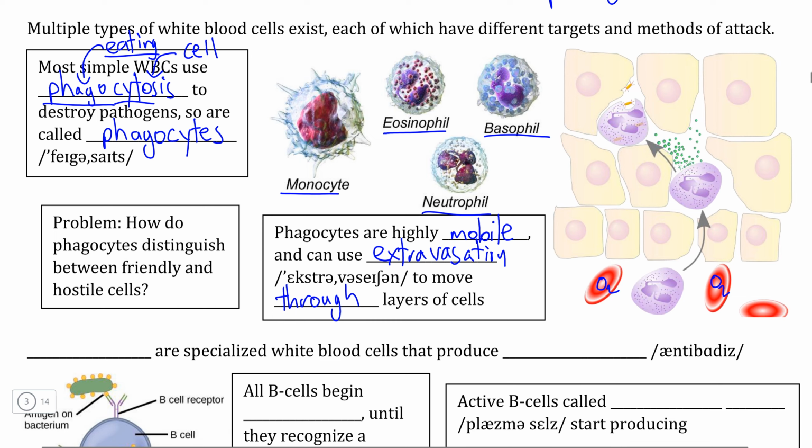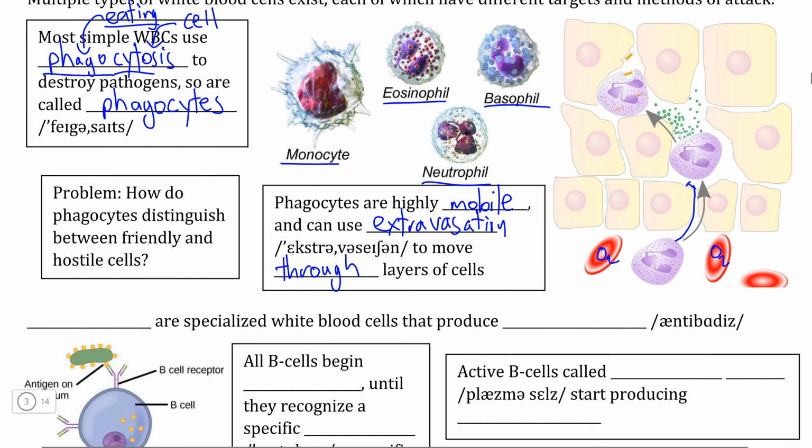So in the event that a bacterium gets out of the blood and into some type of tissue, the phagocytes can actually use extravasation in order to basically squeeze through the cells that make up the wall of a blood vessel in order to be able to follow the pathogen to where it is going.